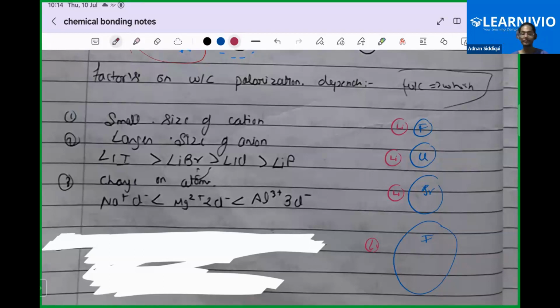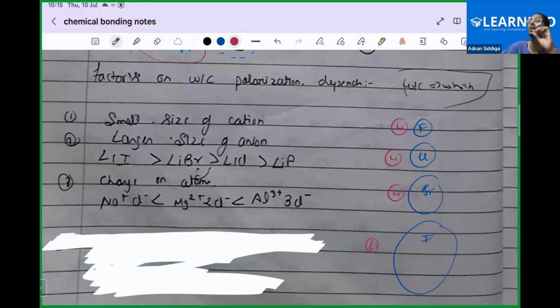But it has the smallest radius amongst the halogens. Iodine is the least electronegative, but it has the largest radius amongst the halogens. So I have learned that it's indirectly proportional to the electronegativity.